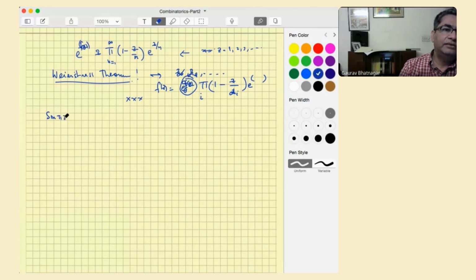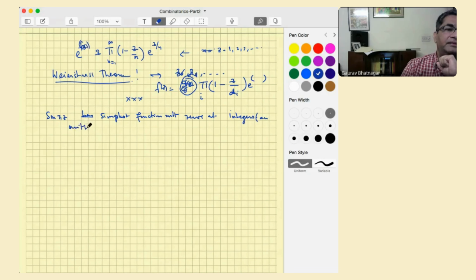Coming back, I just have a few more minutes. I want to introduce the next product that we are working on. Sine pi z is the simplest function with zeros at the integers, right? So it's an arithmetic progression.